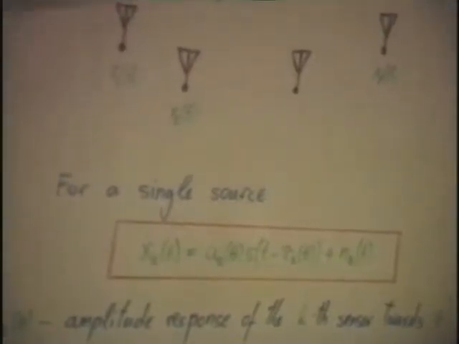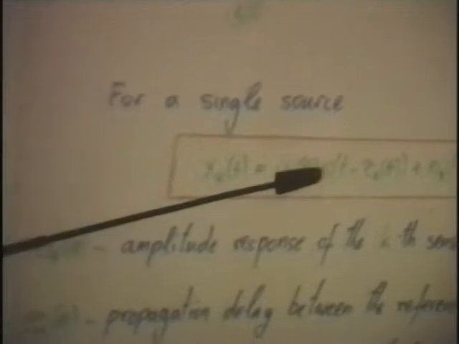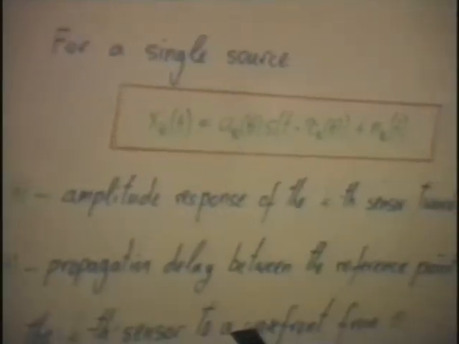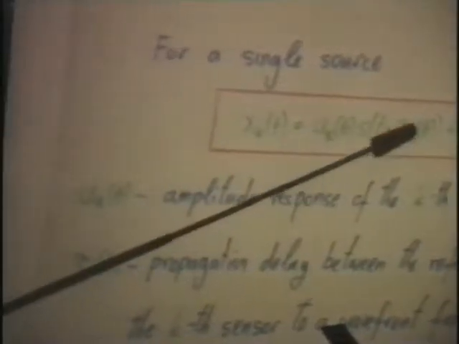Then the received signal, x_k(t), is the contribution of this source, delayed and attenuated. So a_k is the attenuation caused by the directivity of the sensors, and tau is the delay caused by the geometry. And we're assuming that there is some additive noise there, which represents all the unknown elements in the problem.